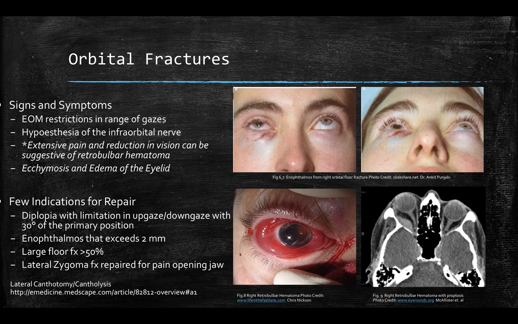So what ophthalmologists do, and ER staff are trained on this as well, is something called a lateral canthotomy and cantholysis. If you'd like to learn a little bit more about that, I will provide the link for you. But what you're doing is cutting the lateral canthal tendon to create more space for the eye to relieve the pressure that's being exerted upon it.